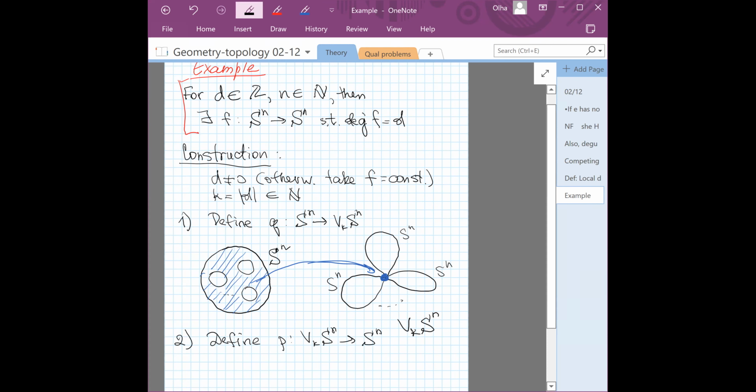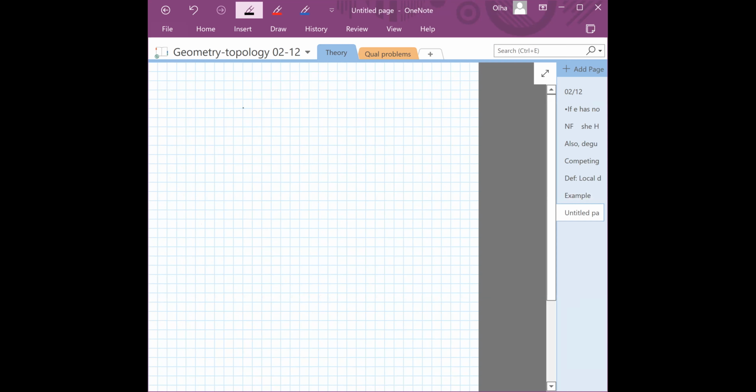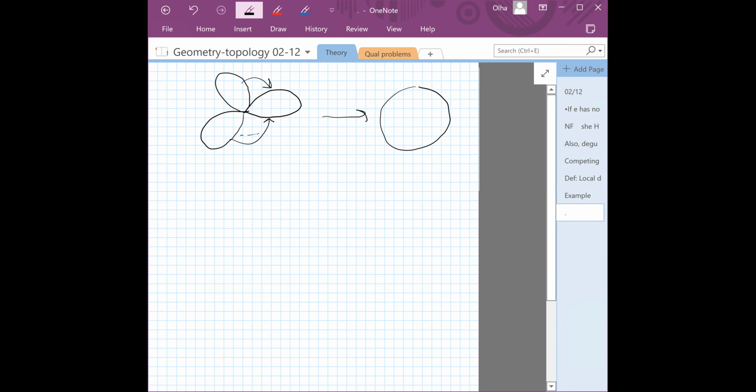And this is simpler. We just identify all of the spheres, so they all go into one sphere.